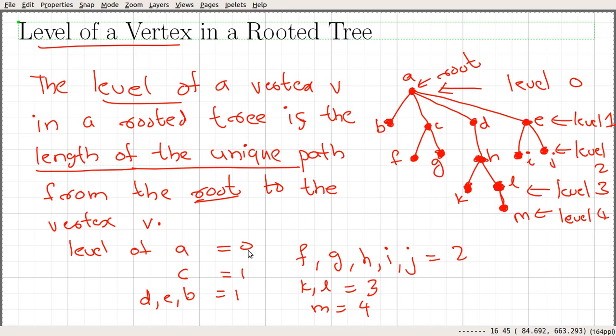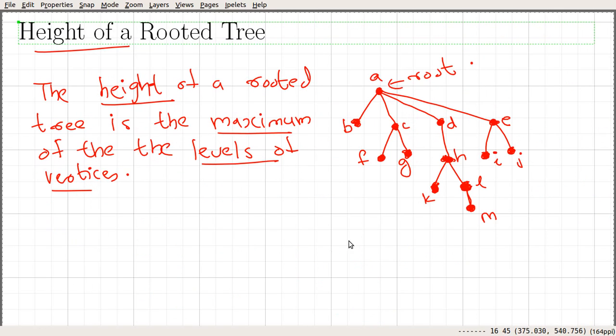We take the maximum among these levels, which is 4, and that corresponds to this vertex. So the height of this rooted tree T is 4.